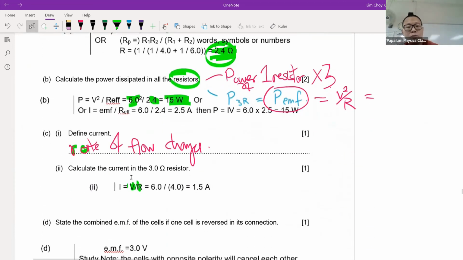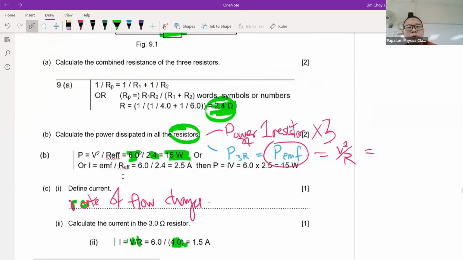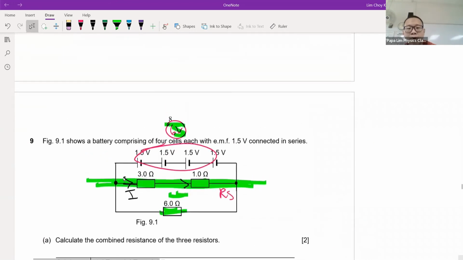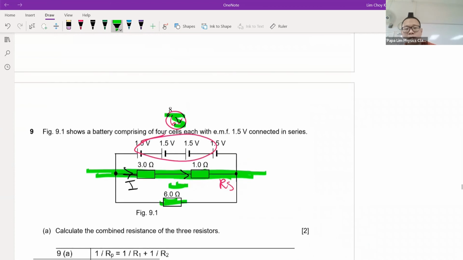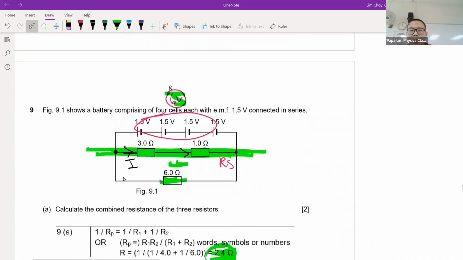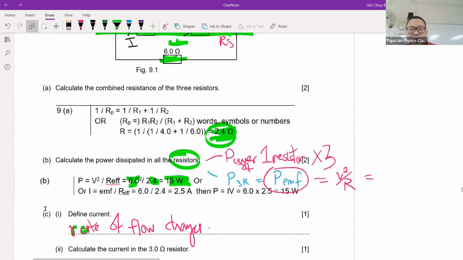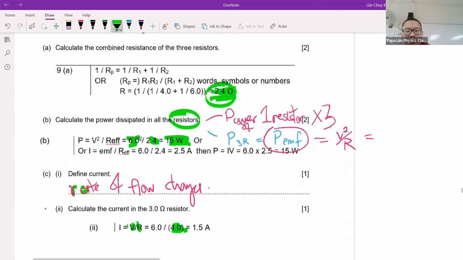That's why I use 4 ohm: it represents the total resistance in the branch. I'm looking at the big picture, where the voltage is the EMF and the resistance is the total, and from there I will know the current flowing in the branch, which is 1.5.